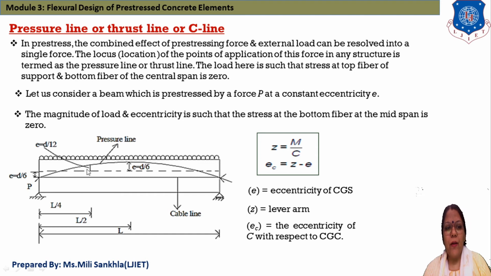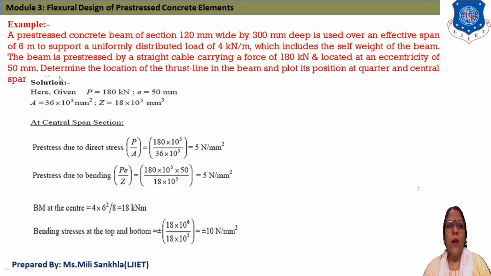The pressure line, thrust line and C line is the single resultant line of our pre-stressing force and our external load. Now here we solve the first example of this pressure line or C line.